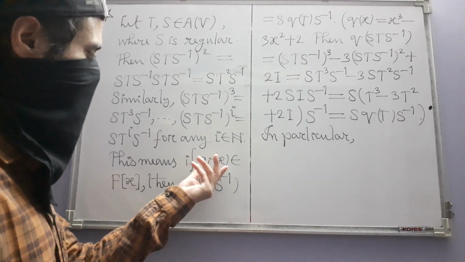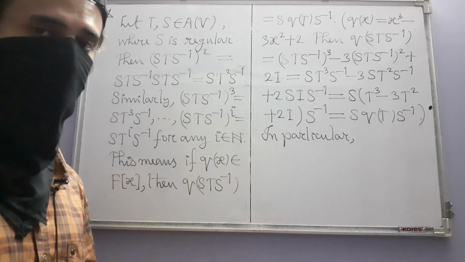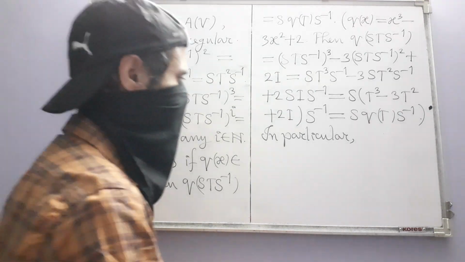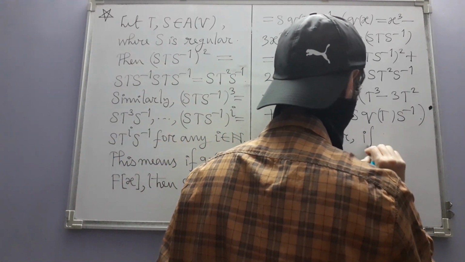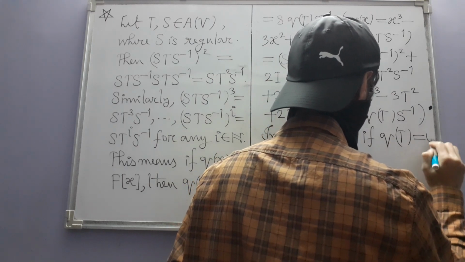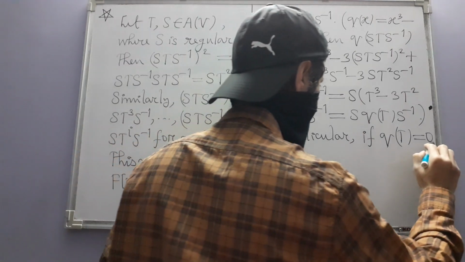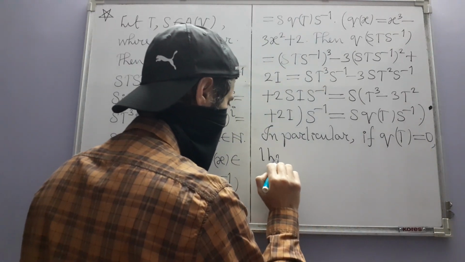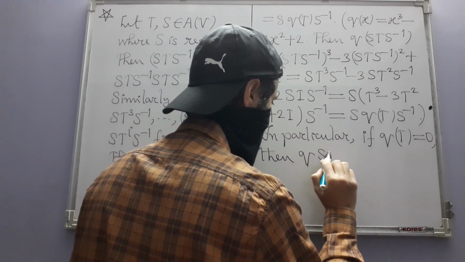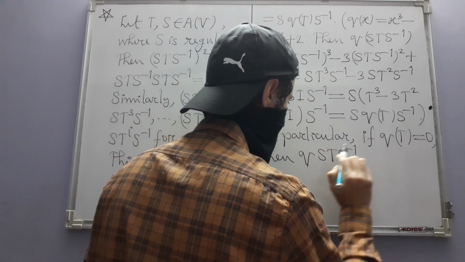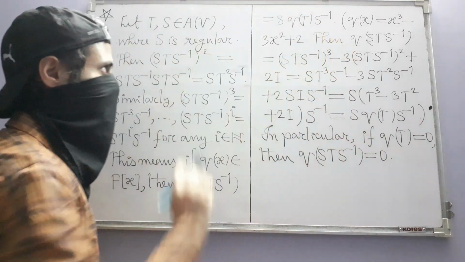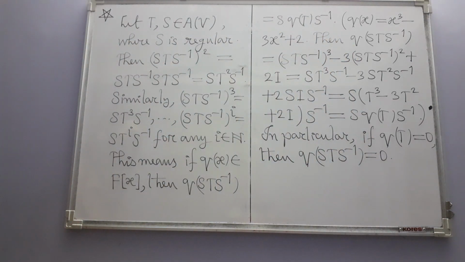That's what we mean when we say that Q is an annihilating polynomial. It annihilates the operator T, it makes it zero. If Q of T is the zero operator, then this is also the zero operator because of this relation.